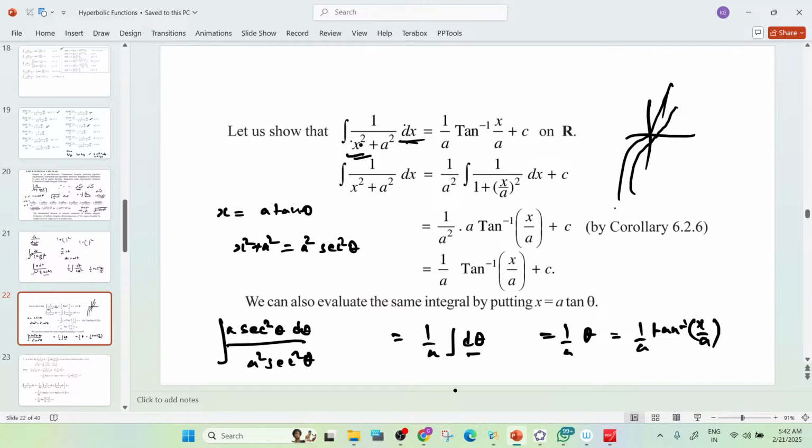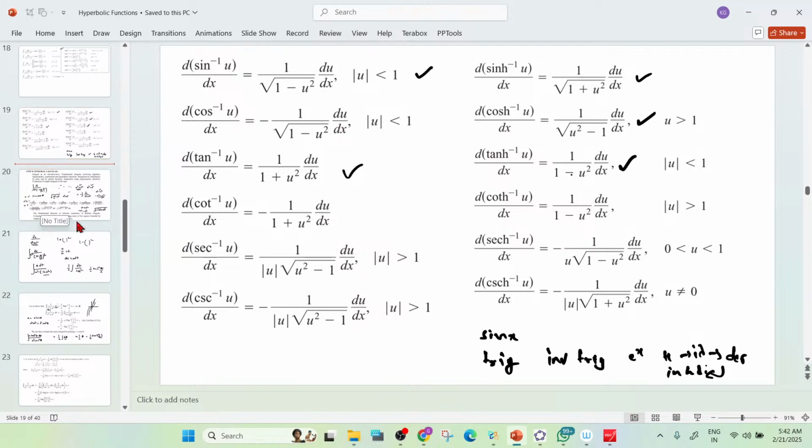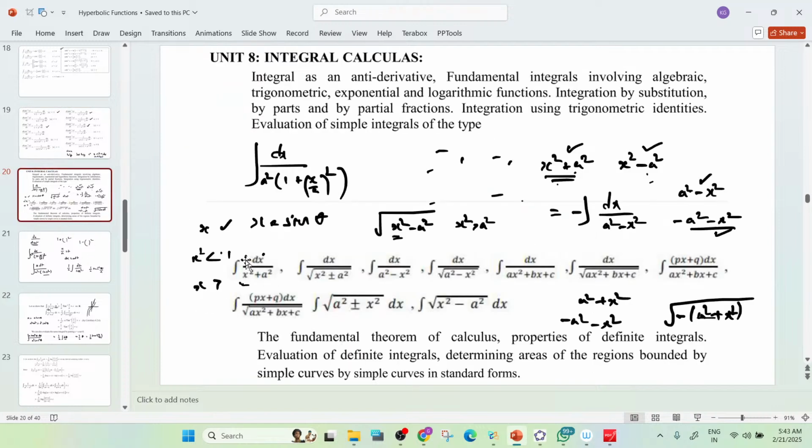That is why we took x equals a tan theta, because 1 plus tan squared is secant squared, and dx is also secant squared. It simplifies a lot, and we got 1 by a tan inverse x by a. This is our very first function, and this one we have done.